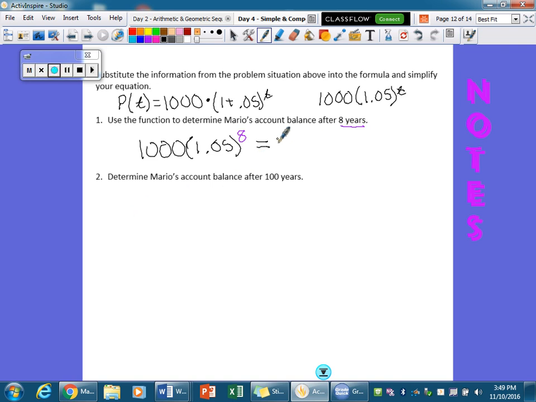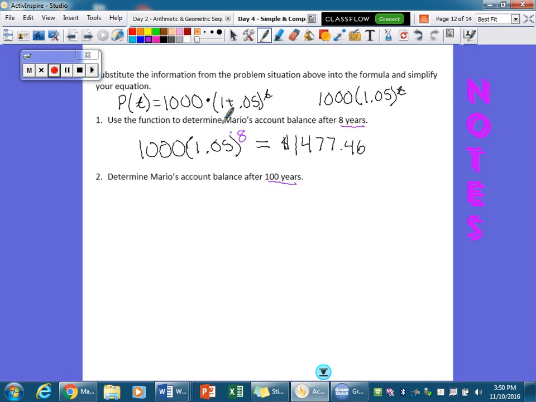You're only going to round to 2 decimal places because we're dealing with money. And yes, you should get decimals, not a big deal. $1,477.46. Kind of interesting. We did not earn that much when we had a simple interest account. So compound is a little more lucrative the longer you have your money in the account.